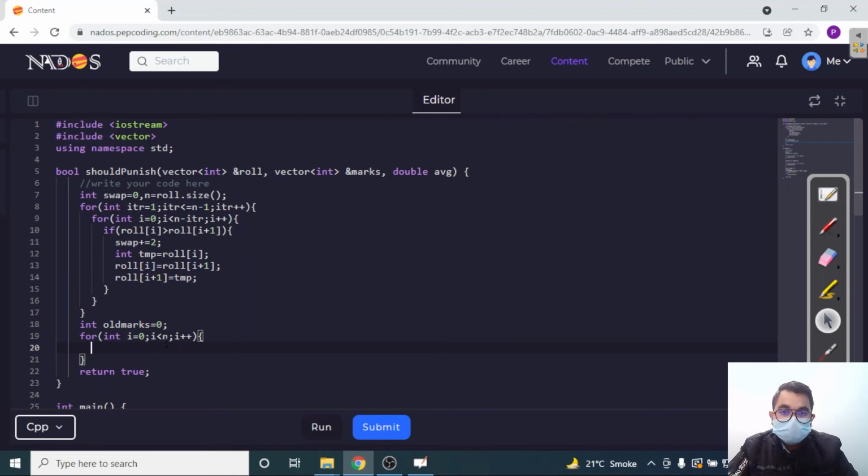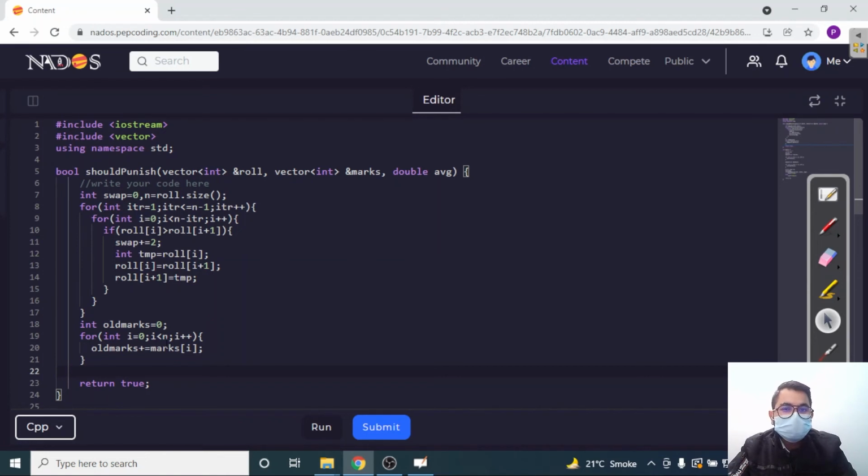Because the number of marks will be equal to the number of roll numbers or the number of students. So for calculating the sum, old marks plus equals marks I. That's it. Now we have the sum of old marks.